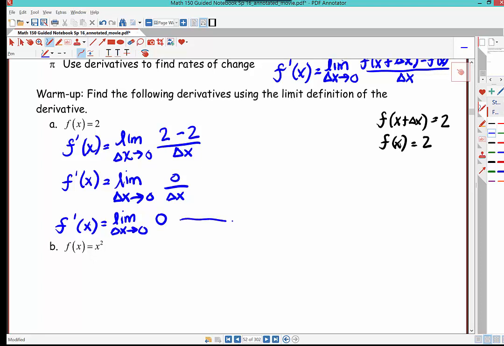So now we no longer have a delta x to worry about, and we're just evaluating the limit of a constant, which is beautiful, the constant. So f prime at x is just equal to 0. And that makes sense, right? Because the slope of a horizontal line is great, 0.